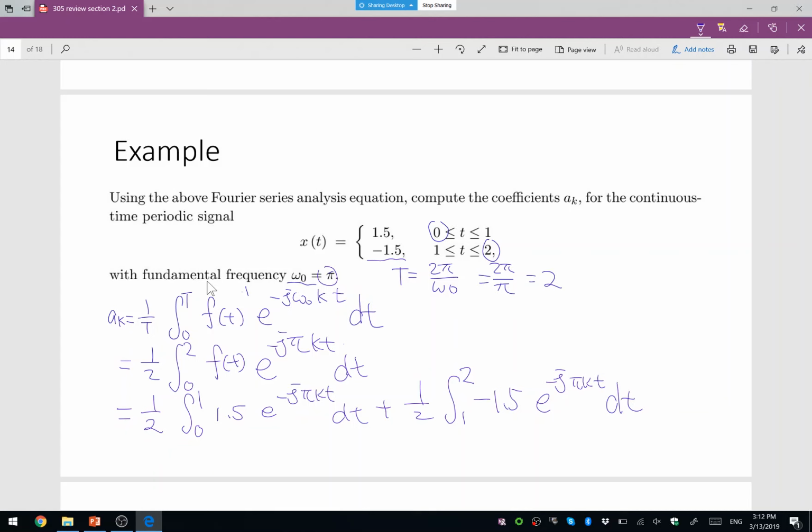Then if we solve these two integrals, we will get the final answer. Then let's try to solve that.